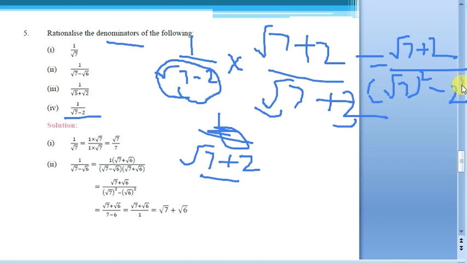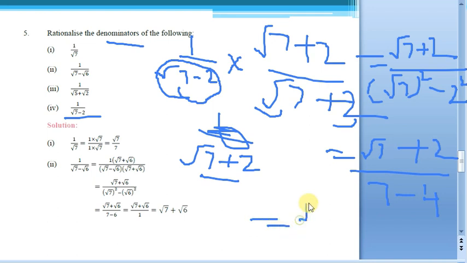Root 7 square is 7, minus 2 square is 4. So root 7 plus 2 in the numerator as it is, and 7 minus 4 is 3. That is what you got in the denominator. So initially irrational was there, and you got a final result of 3 in the denominator, which is our rational denominator.